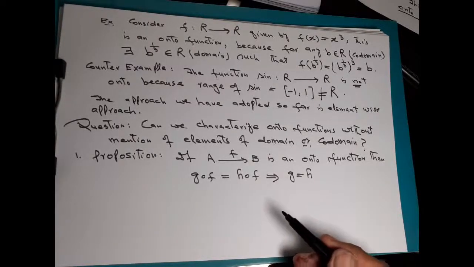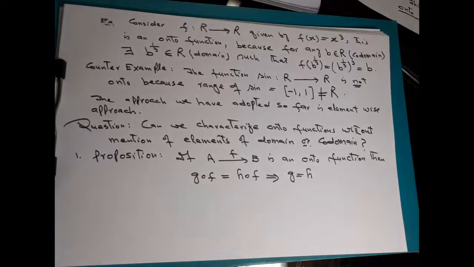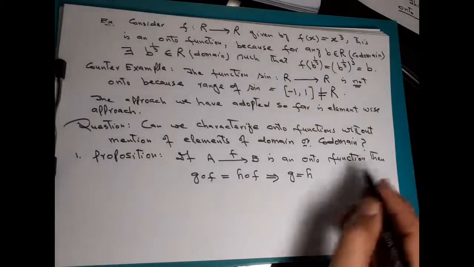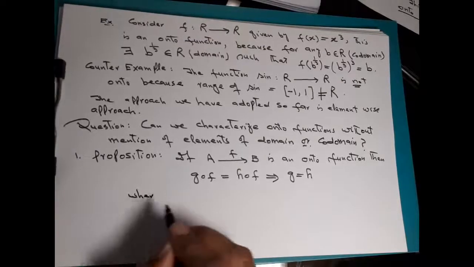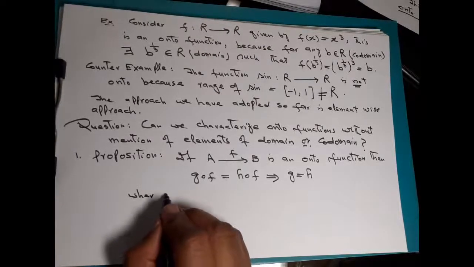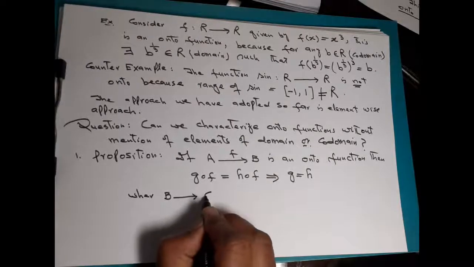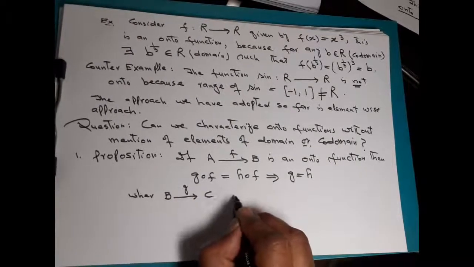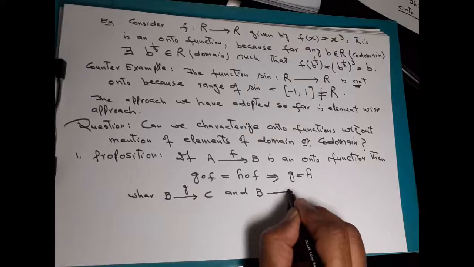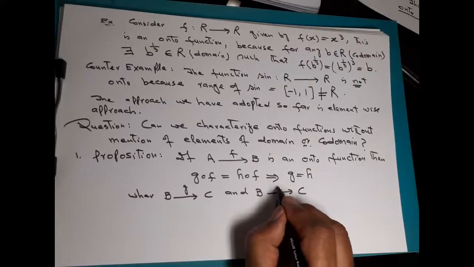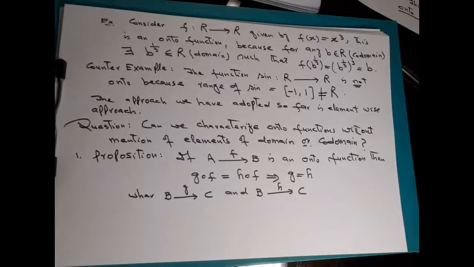It becomes comparatively easier if we draw a diagram, then things look comparatively simpler. First of all, let me write it, where G is a function from B to C, and H is again a function from B to C. In fact, this is that thing which I was simply emphasizing, that when we write composition of functions, we assume that the composition is defined and that the conditions are satisfied.